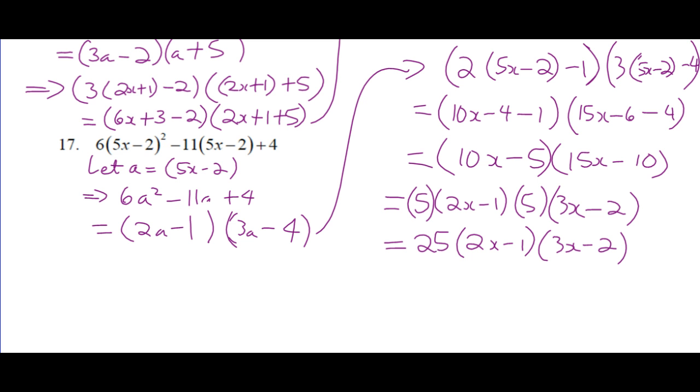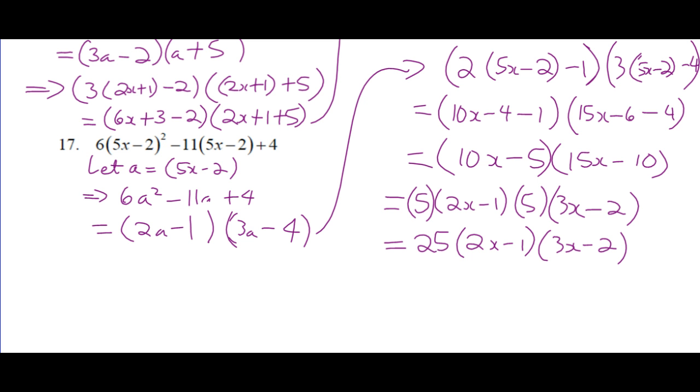Well, just look, the way it worked out, there's a common factor of 5 in each parenthesis, right? And when those two come out, you have a factor of 5 times another factor of 5, which is 25. And then you've got the other factors, the 2x minus 1 and the 3x minus 2.